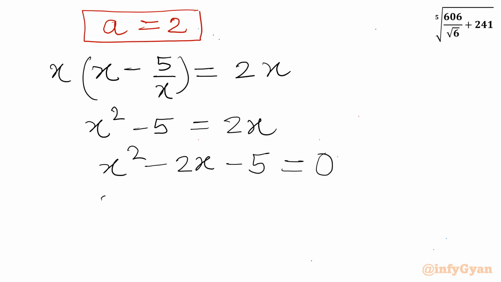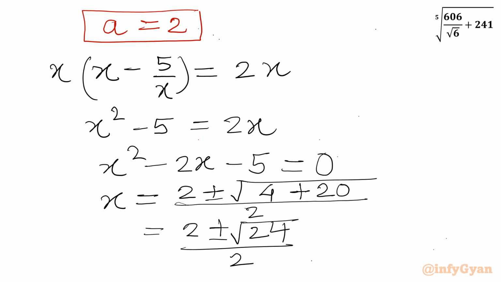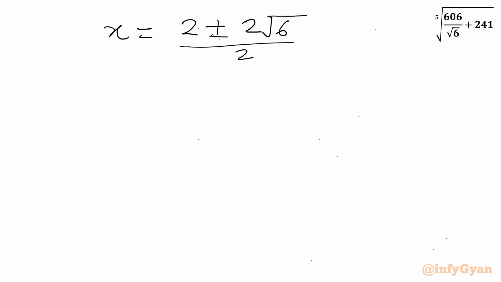Quadratic equation, we can use the quadratic formula. Let's apply minus b, so 2, plus minus under the root b square minus 4ac, divided by 2a. So it is 2 plus minus square root 24 over 2. x is equal to 2 plus minus square root 24, we can write 2 root 6, over 2.